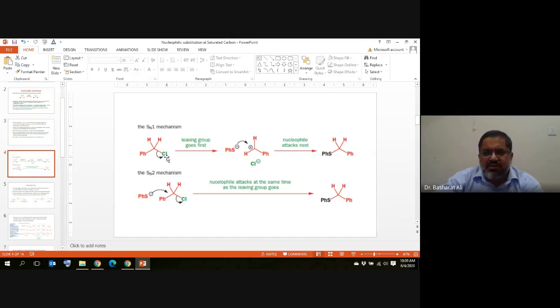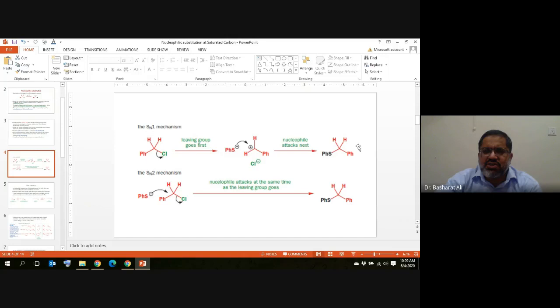In this example it seems that the stereochemistry of the molecule is changed, as the incoming nucleophile is attached opposite to the leaving group, but in the case of the SN1 mechanism it does not happen. There are 50% chances of retention of configuration and 50% chances of inversion of configuration.